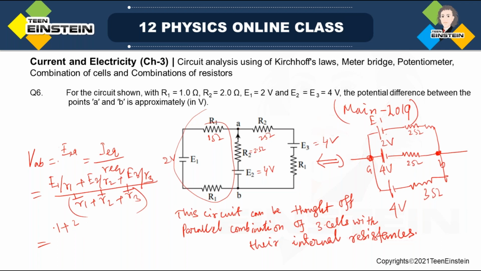This is in terms of current, so 2 ampere. And E3 by R3, where R3 is actually 3, so 4 by 3.